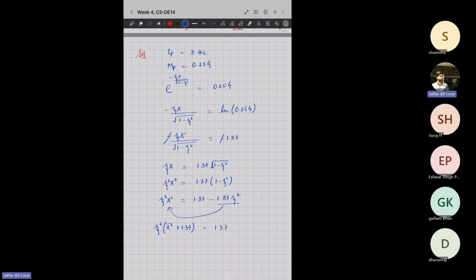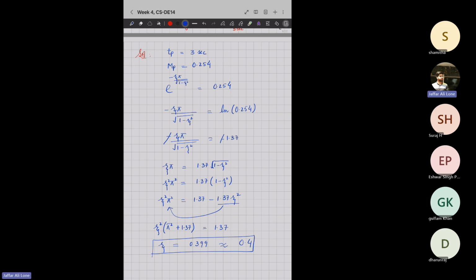Then if you finally solve this whole, you'll find zeta is equal to 0.399, which is almost equal to 0.4. Okay, so your zeta will be equal to 0.4.